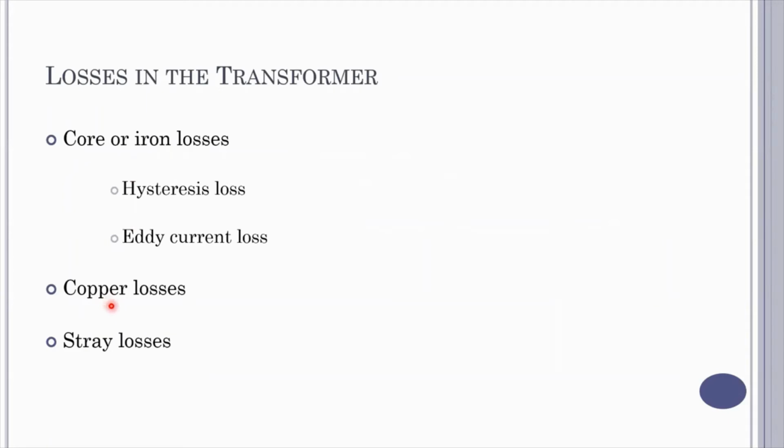So we have the core, where the core is repeatedly magnetized and demagnetized. So this is the hysteresis loop, and this represents the amount of loss that is occurring because of magnetization and demagnetization.